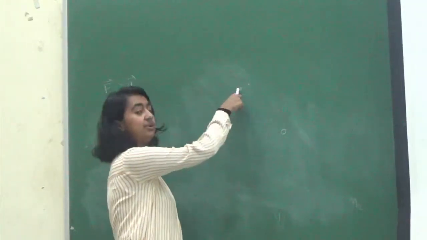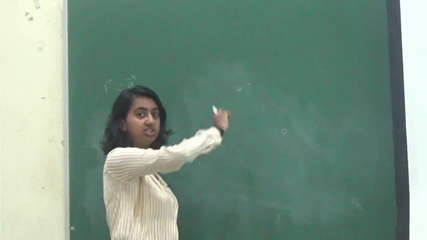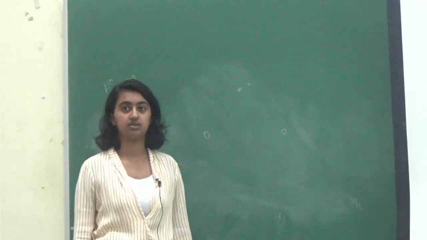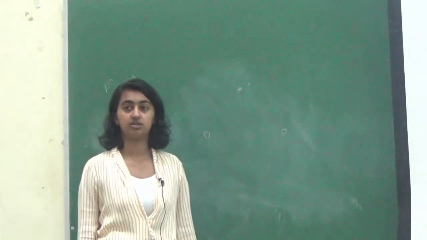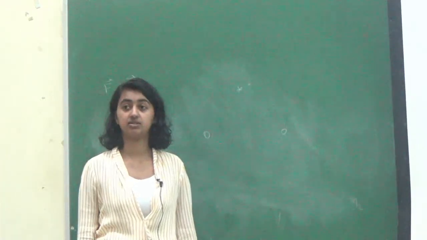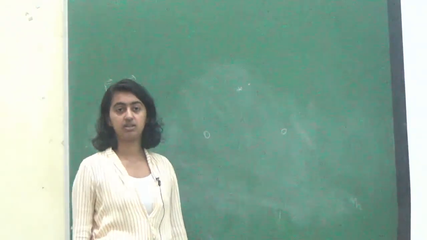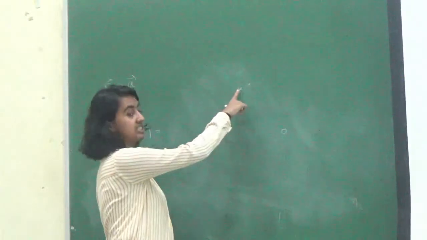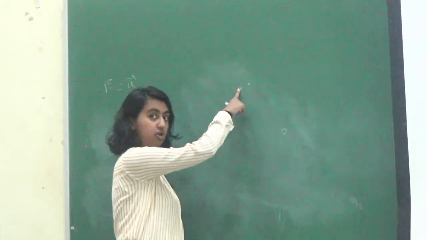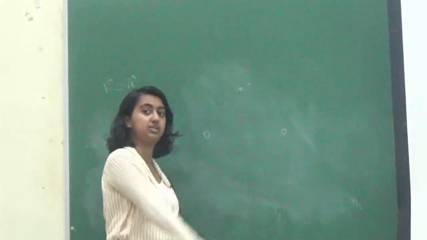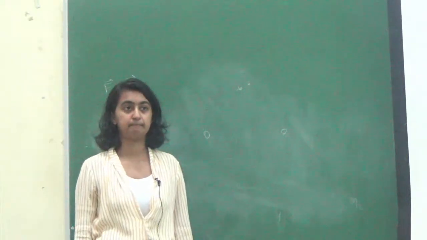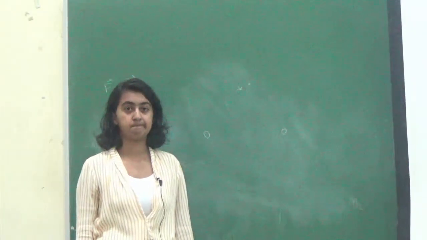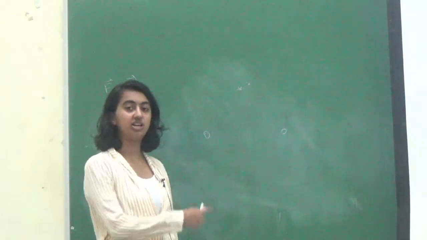If you keep it exactly on L4 with zero initial velocity, what will happen? I am putting a test mass exactly at L4 and not giving it any initial velocity. What should happen? It will stay over there.